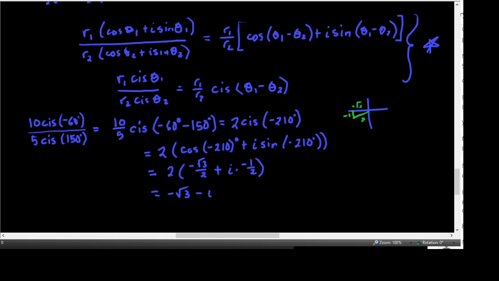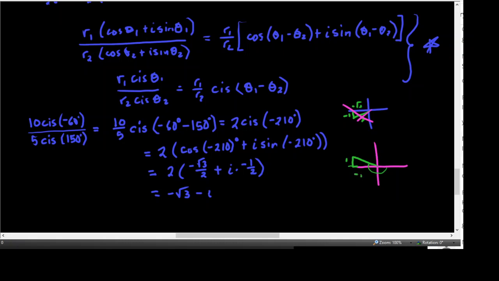Oh my gosh. What did I do wrong? Oh, I did positive 210 degrees. Oh, I see what I did wrong. Wow. My bad. Wrong graph. Negative 210 degrees. Let me try again. Negative 210 degrees is this way. And so that's our triangle. This is 1.